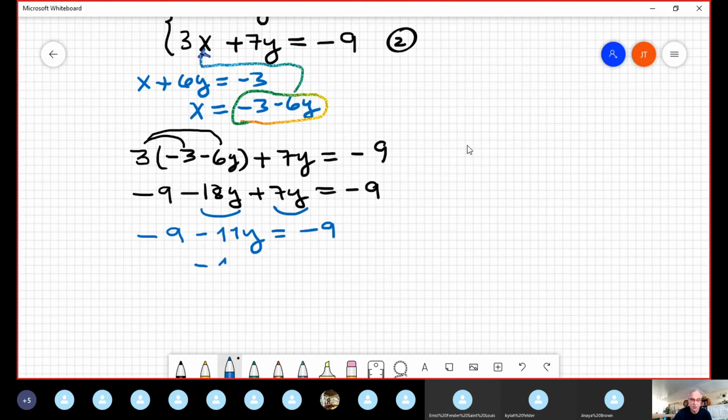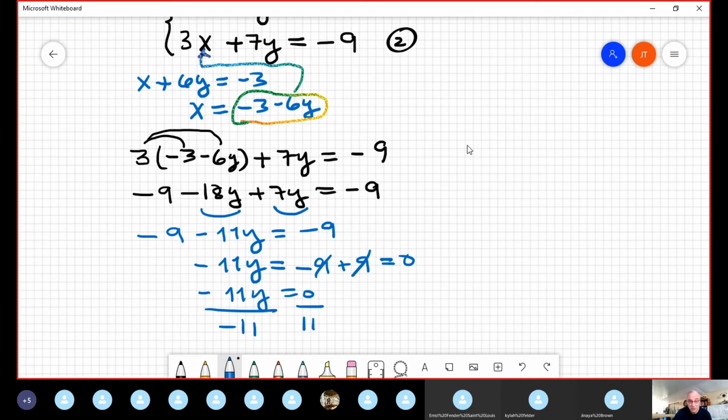So minus 11y is equal to minus 9 plus 9. I bring this negative 9 to the right-hand side. This is 0. Ooh, it cancels. Minus 11y equals 0. Therefore, divided by negative 11, it's also obvious: y is 0, because 0 divided by any number is 0.